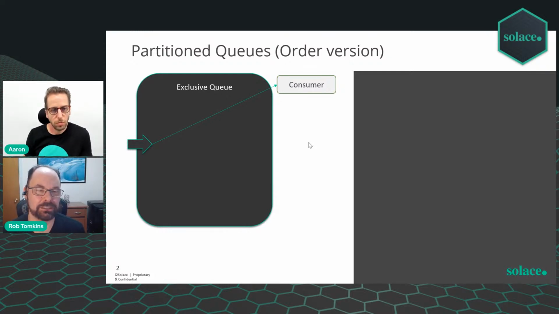You're a consumer or a customer. You're a retail vendor, let's say, right? So you're going to take in orders from online, and you want to build a service that takes an order from your website and passes it through an exclusive queue, gets handled by a consumer, which is a typical microservice.